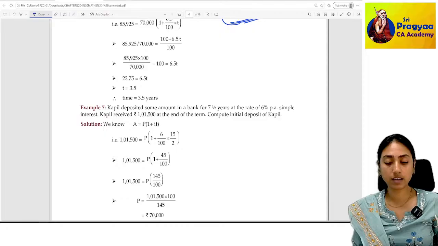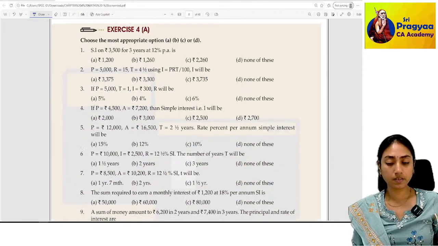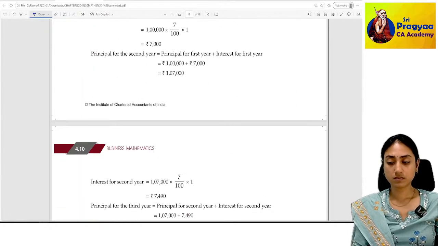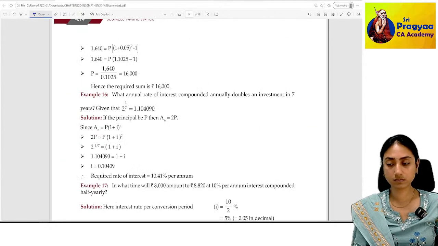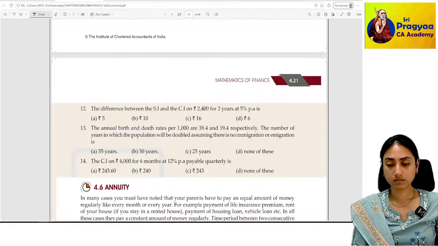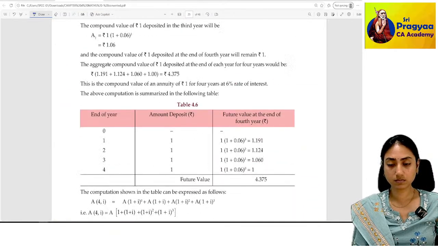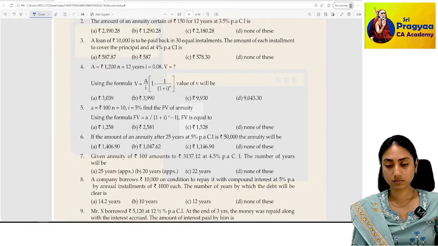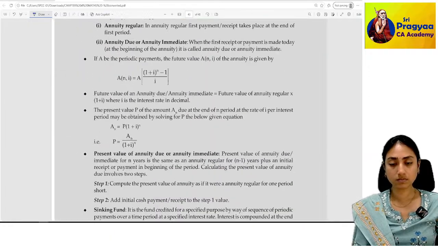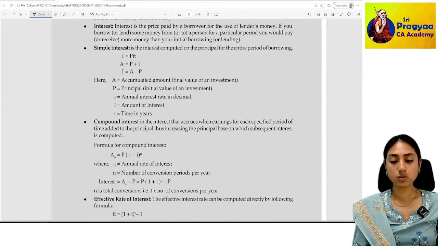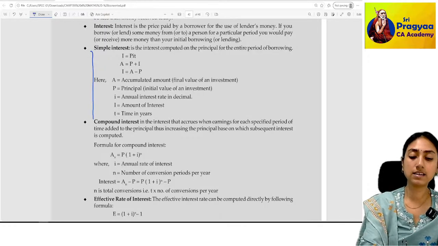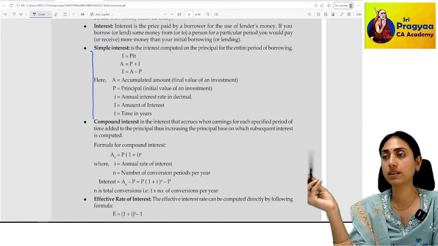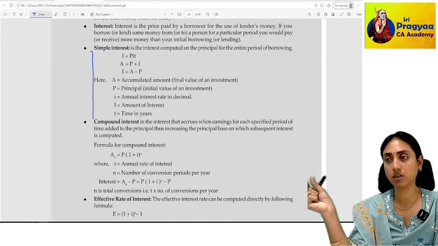Okay? So there are formulas for you. For simple interest, as I discussed, interest will be principal into interest rate per annum or per month, whatever they are giving, into the tenure.